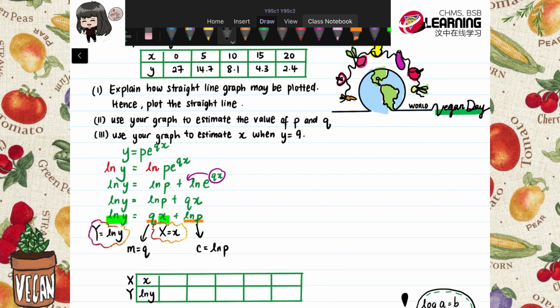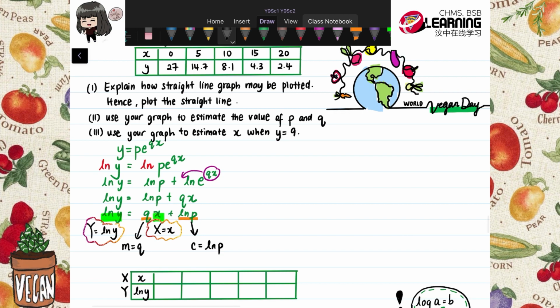Okay, so for now, your x is still the same, so I'm going to copy down all the x here: 0, 5, 10, 15, 20. And your ln y will be ln 27, ln 14.7, and so on, and bring it down over here.